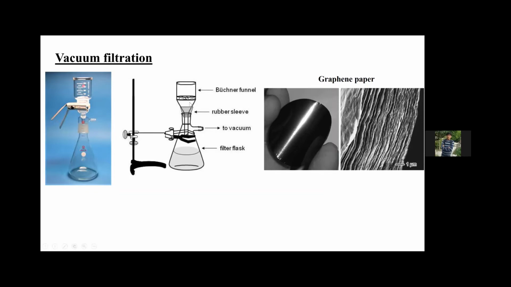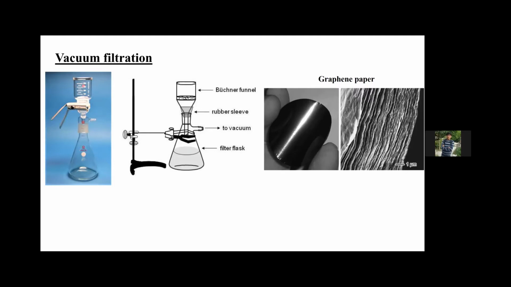We put it over here, and we turn on the vacuum pump. During the vacuum, the liquid falls down and is collected over here, and the graphene thin film is deposited onto the filter paper.